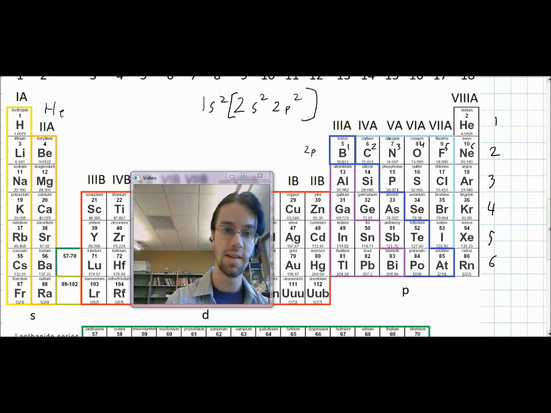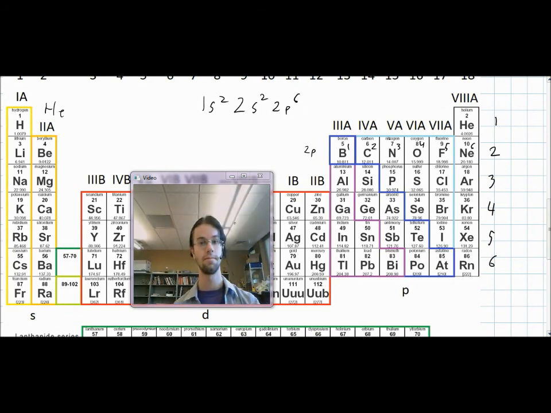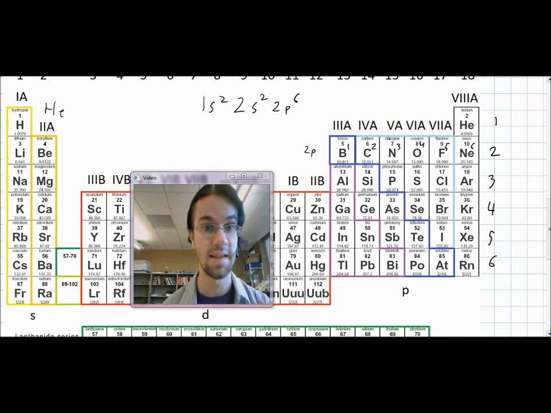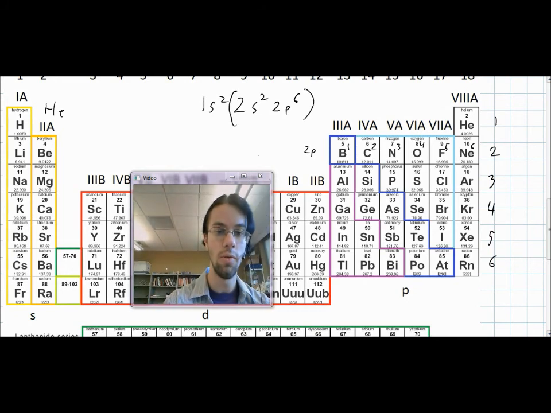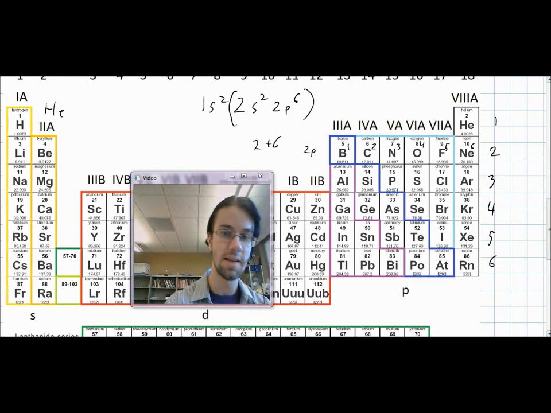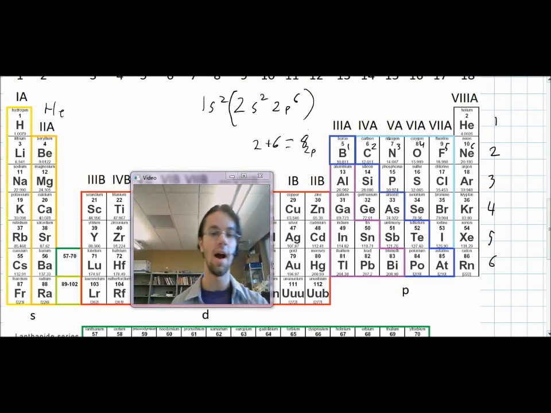Now, let's take a look at what a full shell looks like. So neon, this becomes a 6. Now, when this becomes a 6, you look at all of the valence electrons. 2 plus 6 equals 8. The octet rule.